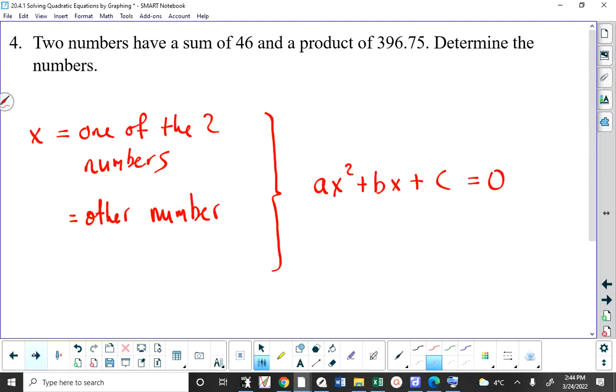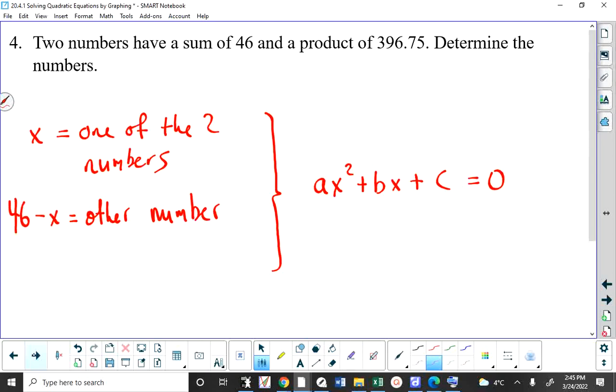Sasha? Sure, 46 minus x. I mean, just think about it. Let's say one of the numbers is 6. What's the other number? Well, it has to add to give 46. The other number must be 40, which would be 46 minus the first number. So this is 46 minus the first number.